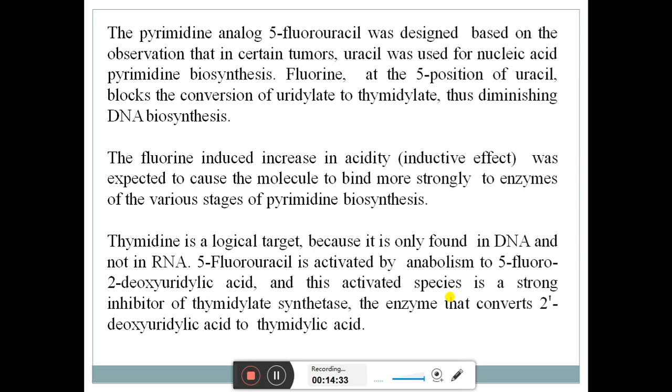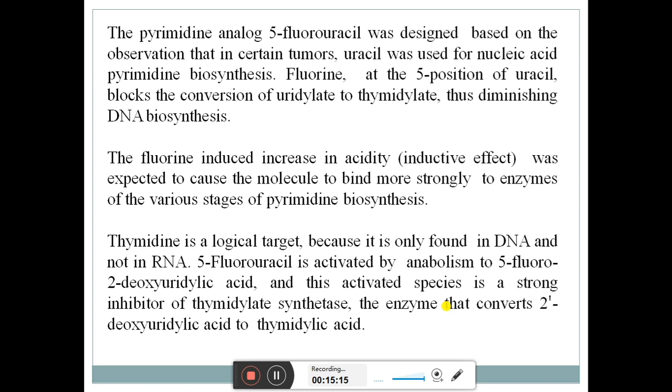The pyrimidine analog, that is 5-fluorouracil, was designed based on the observation that uracil is used in certain tumors for nucleic acid pyrimidine synthesis. Fluorine at position 5 of the uracil blocks the conversion of uridylate to thymidylate, thus diminishing DNA biosynthesis.